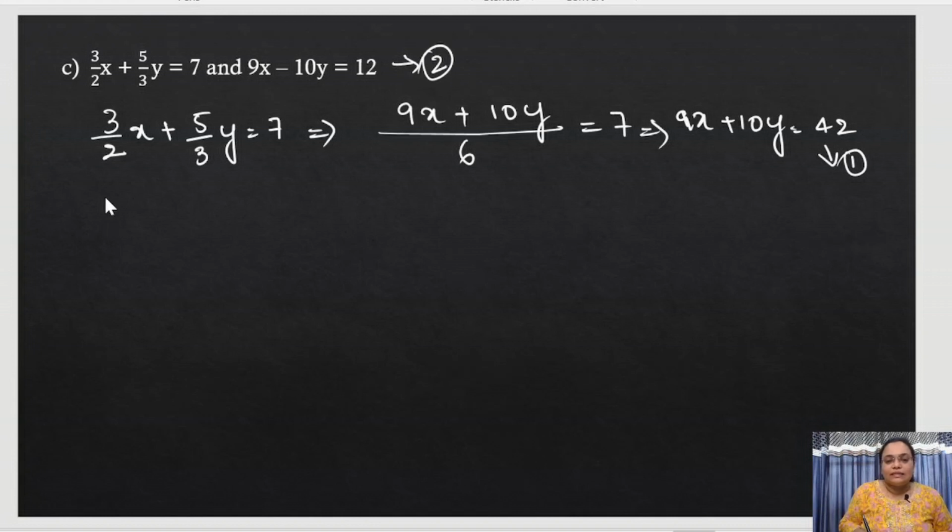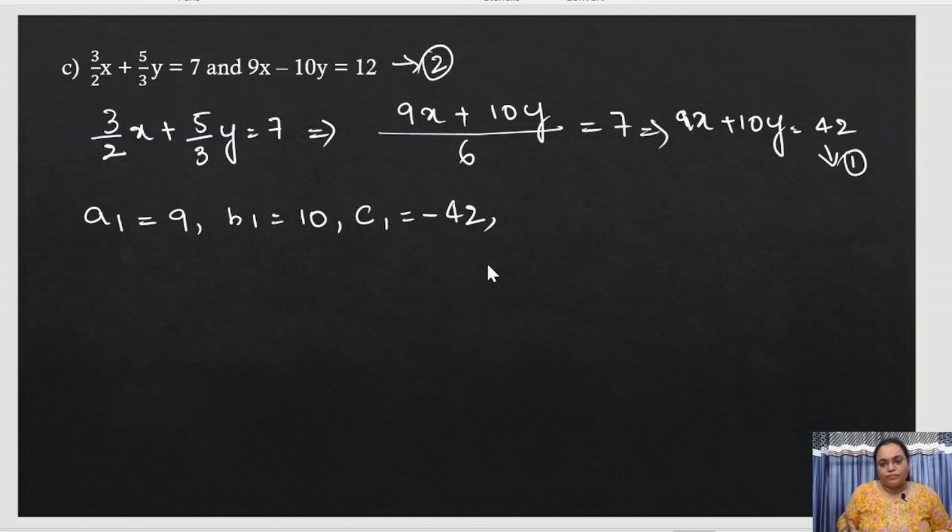And now let us compare them with the general form. From this equation, A1 will be 9, B1 will be 10 and C1 will be minus 42. Okay, and A2 is 9, B2 is minus 10, C2 is minus 12. Now let us find the ratios.